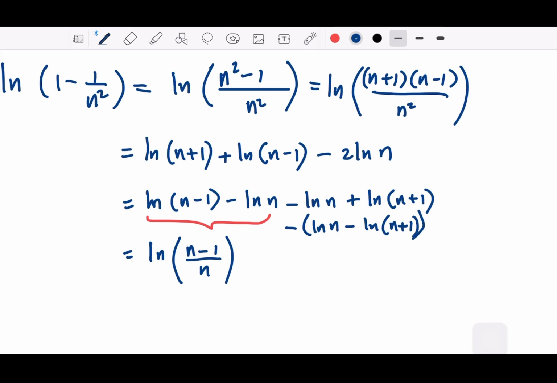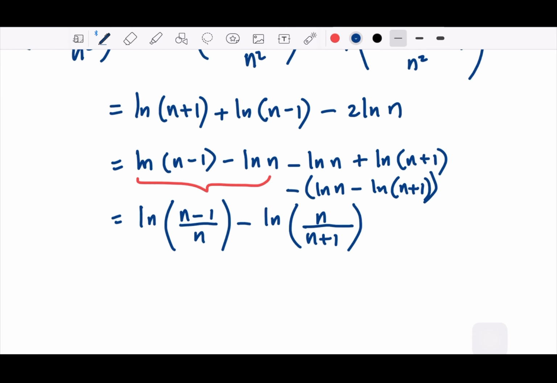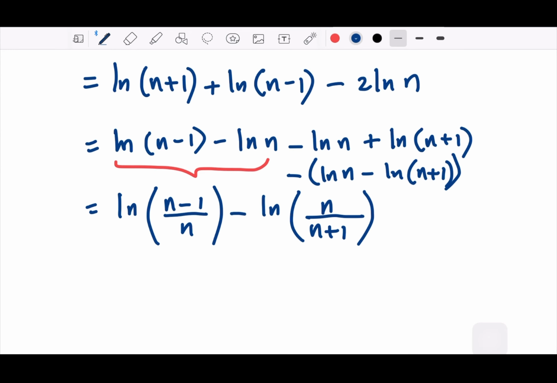Okay, so this becomes minus ln n plus 1. Okay. Now I think it means something. It means something.